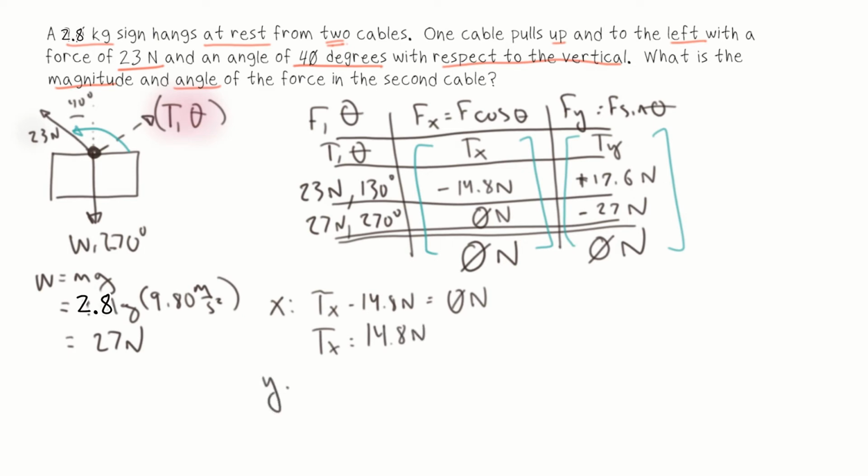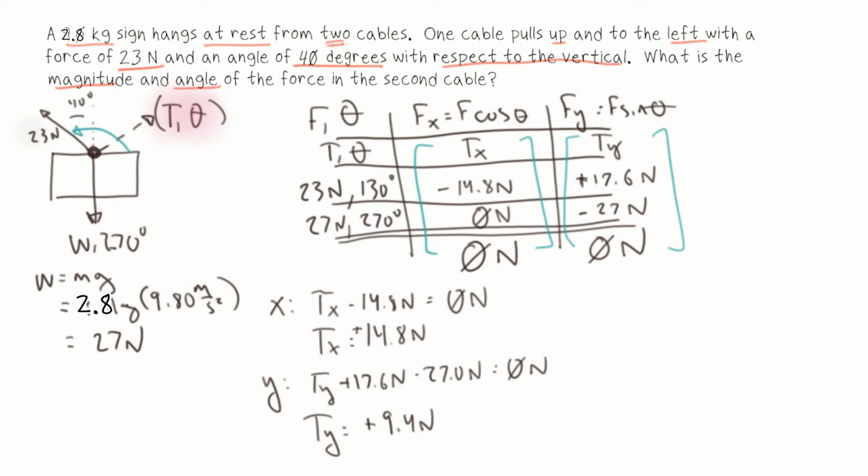And in the y direction, we know that ty plus 17.6 minus 27 has to equal 0. And when you solve that out algebraically, I'm a little tight on space, so I'm just going to tell the answer: ty is positive 9.4 newtons. And I'll make sure I put a plus there for consistency.